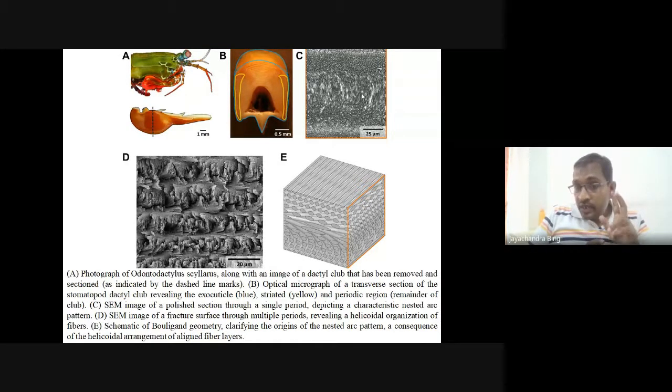So when you really introduce one more parameter, then that system becomes stronger and stronger. So that is what we need to observe here. Nacre shell is very strong. We agree with that one.